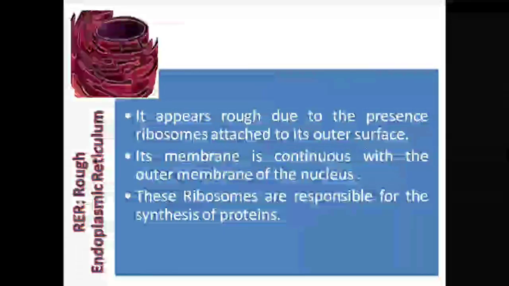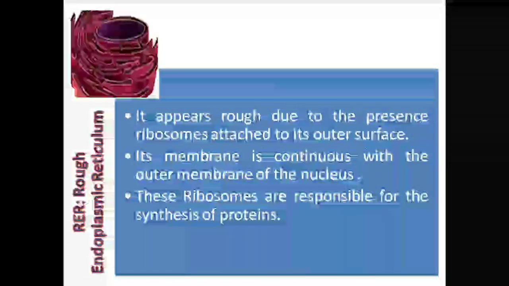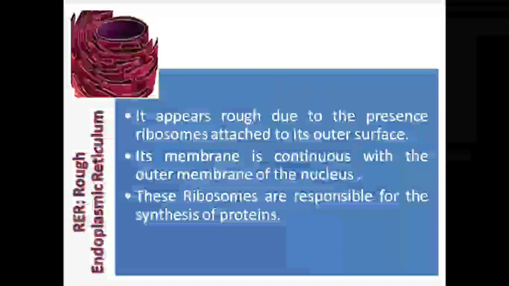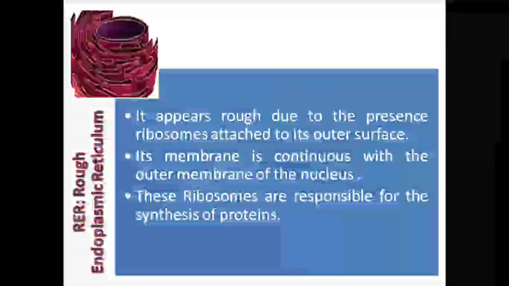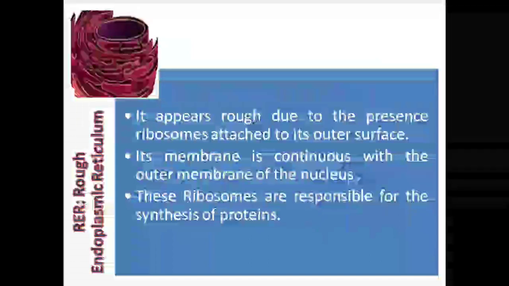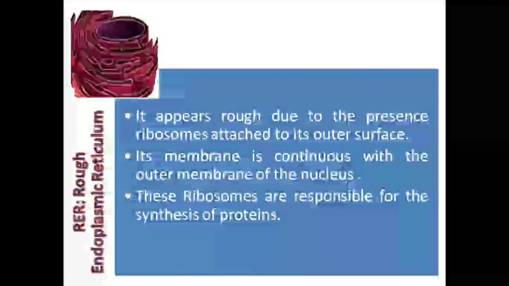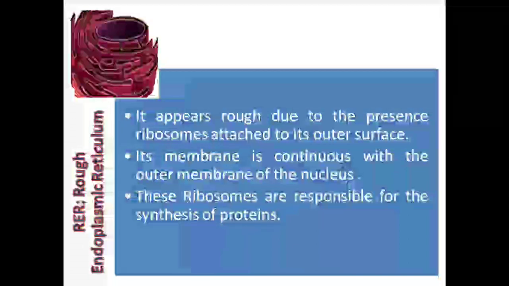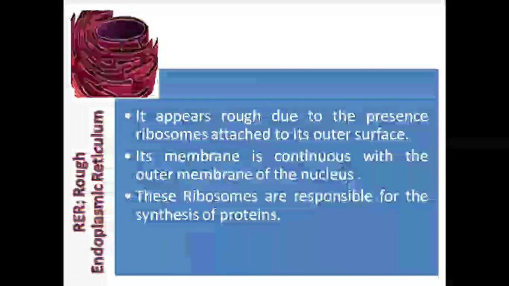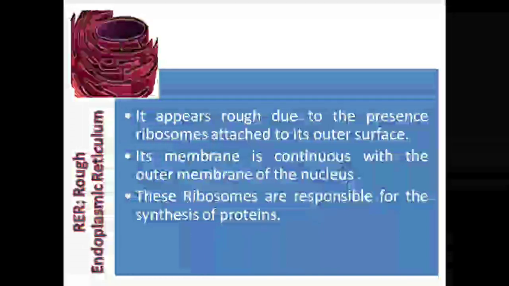So now we will talk about RER or rough endoplasmic reticulum. It appears rough due to the presence of ribosomes. Its membrane is continuous with the outer membrane of the nucleus, and these ribosomes which are attached on its surface are responsible for the synthesis of proteins.